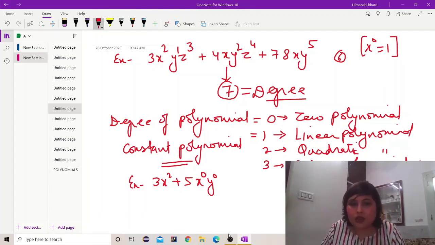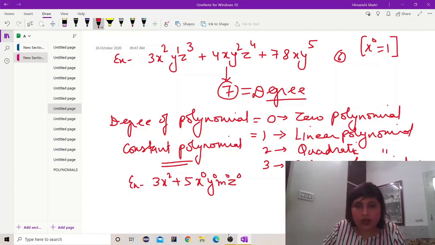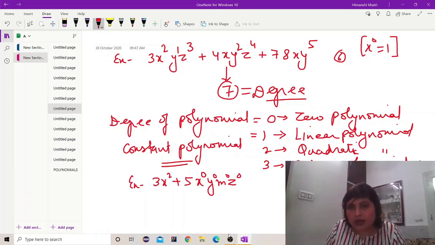So can we write x to the power 0, y to the power 0, m to the power 0, z to the power 0? Any power 0 can be written here. So in this we have two terms, in the first term we have the variable x, and in the last term we do not have any variable. That means if there is no variable, there will be no degree, because for a degree you need to have variables.